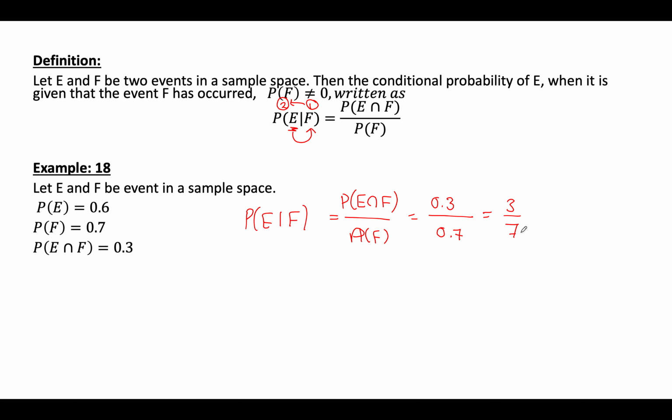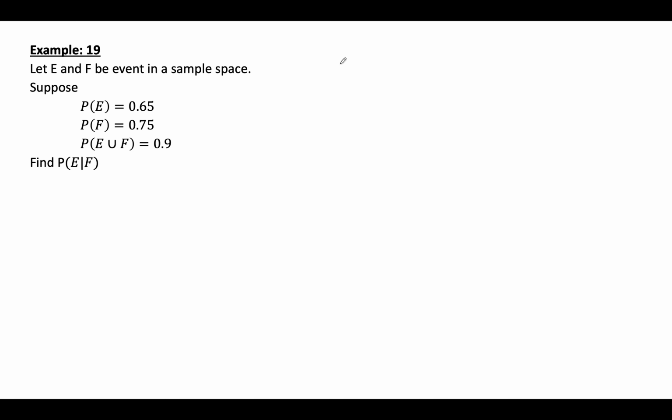As simple as this. Okay, let E and F be events in a sample space, and suppose that the probability of E is 0.65, the probability of F is 0.75, and the probability of E union F is 0.9.